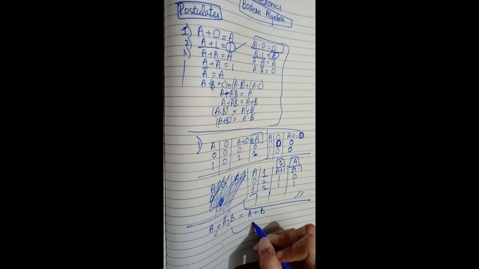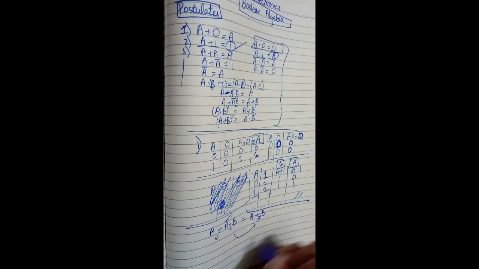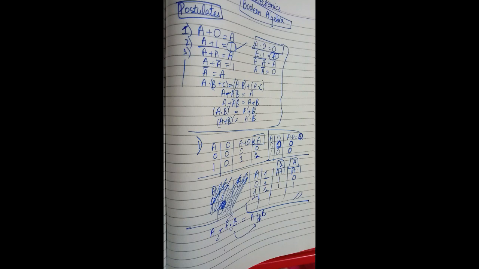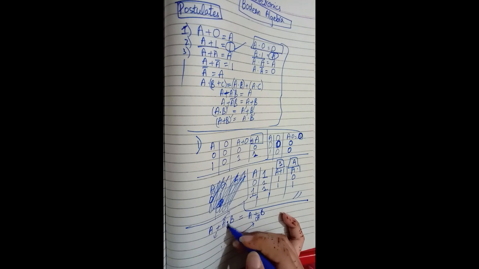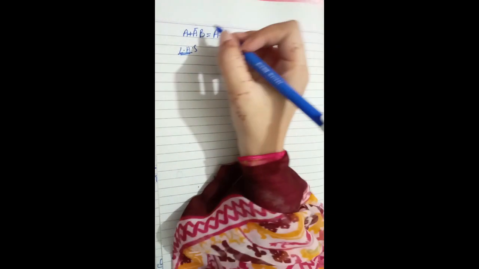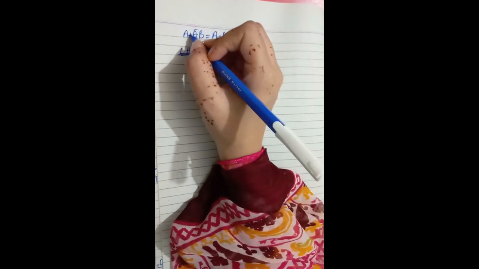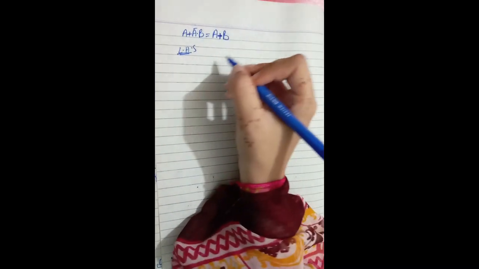We simplify it to only one gate, that is OR, by using the postulates of Boolean algebra. We will simplify it in detail, so it will be easier for you to understand. I told you that we converted three gates to only one gate, the OR gate, and this is how we did it.